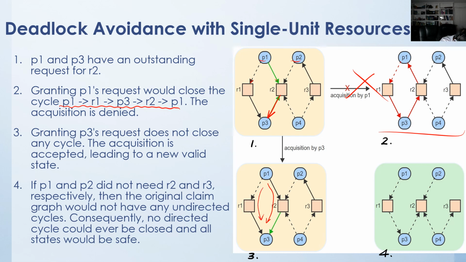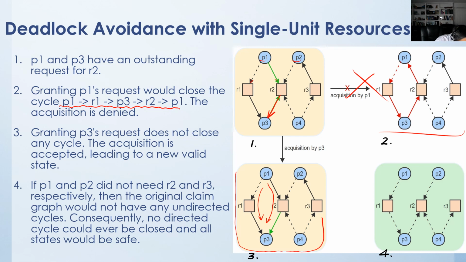So there's no circle. So then we're going to accept this acquisition. This is going to be the new state. It's pretty simple, right, if all the resources each have only one unit.